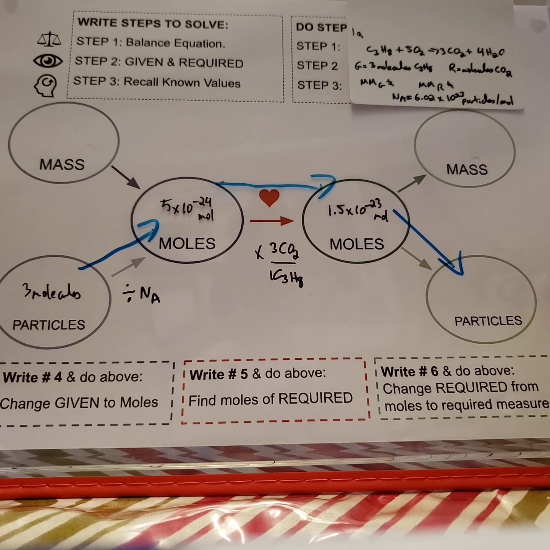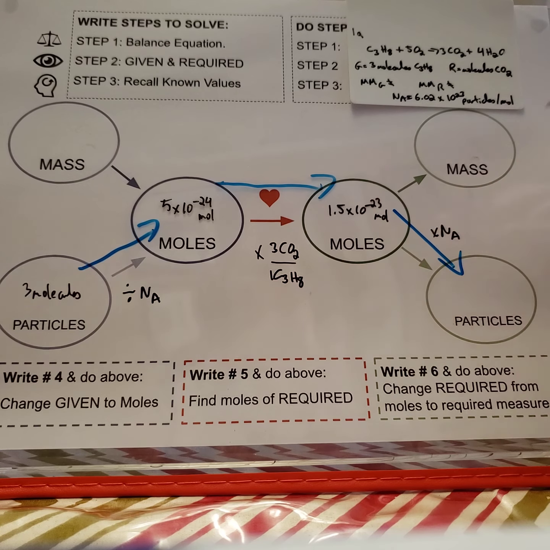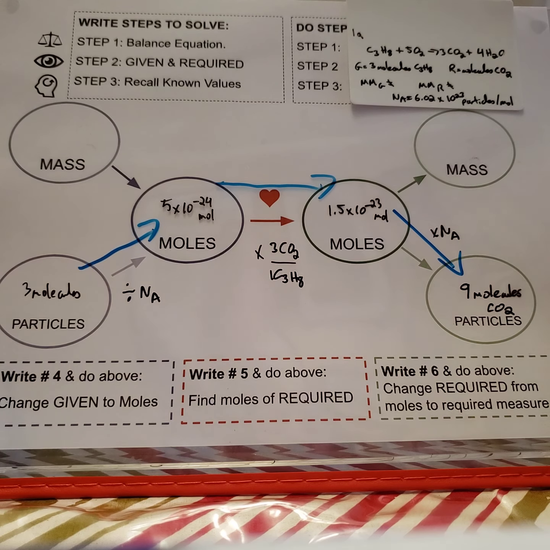And then let's get back to particles since that's what they want. We're going to multiply this time by Avogadro's number, and we're going to get 9 molecules of CO2. And we are done. You can do your therefore statement. Therefore, 3 molecules of propane will react with oxygen to produce 9 molecules of CO2.